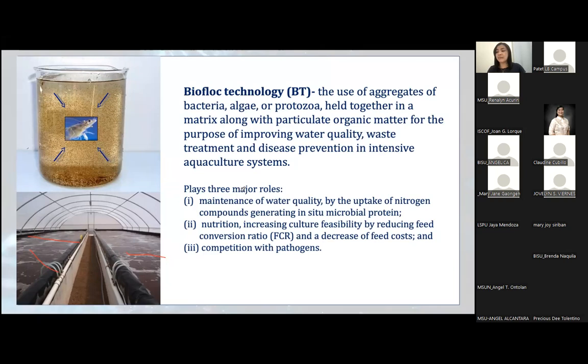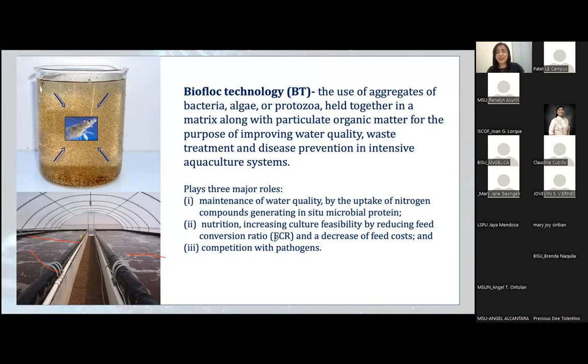So it plays 3 major roles. Maintenance of water quality by the uptake of nitrogen compounds, generating in situ microbial protein. So it will also serve as a food sa mga kinukulture natin dyan. For example, shrimp. That's why it serves as a nutrition in order to improve FCR.